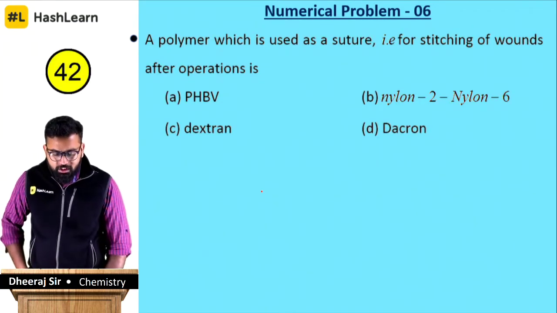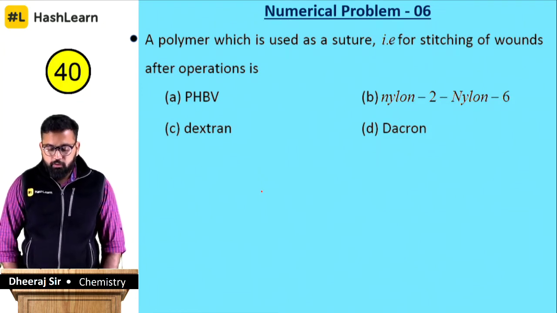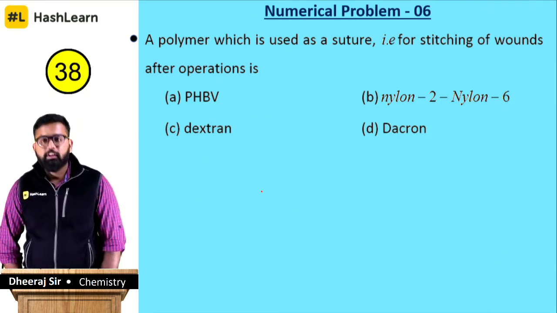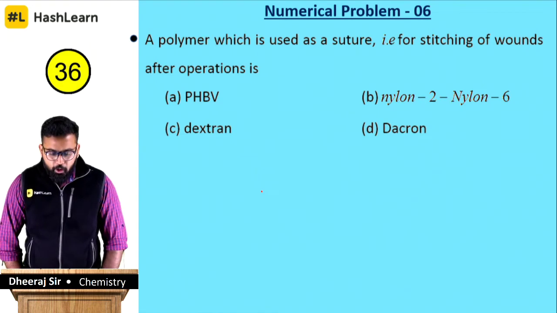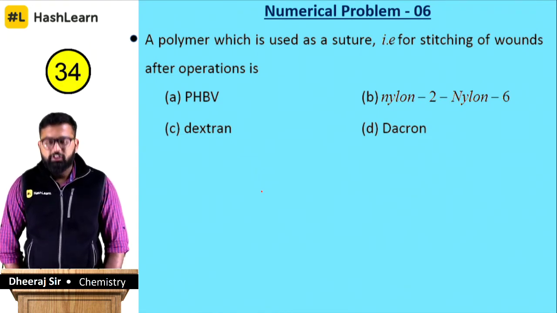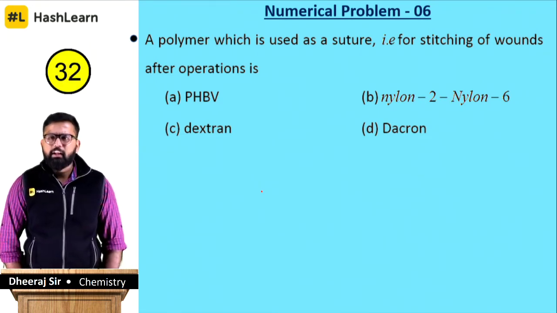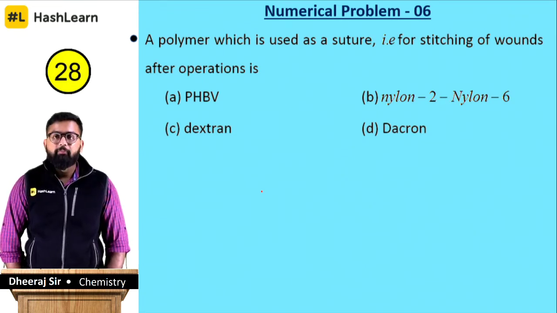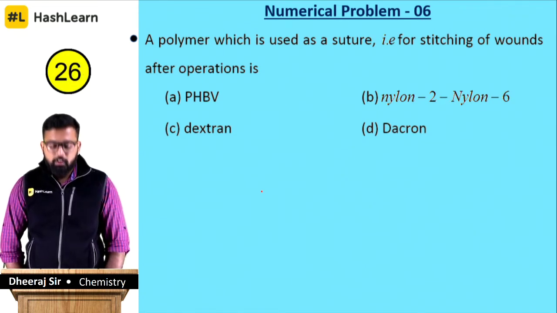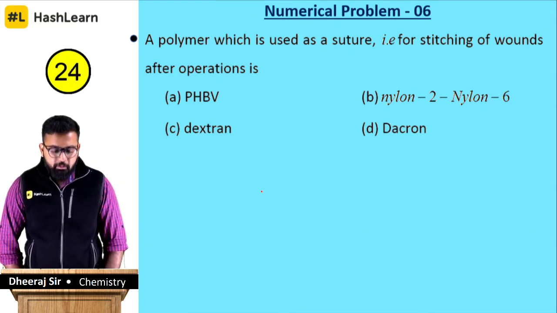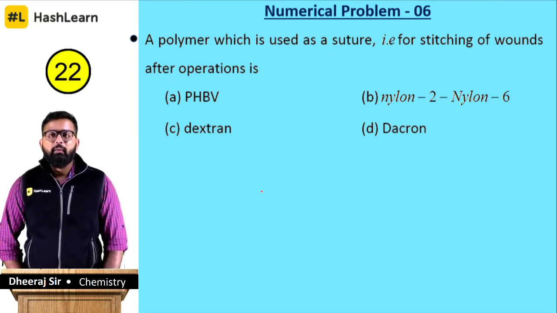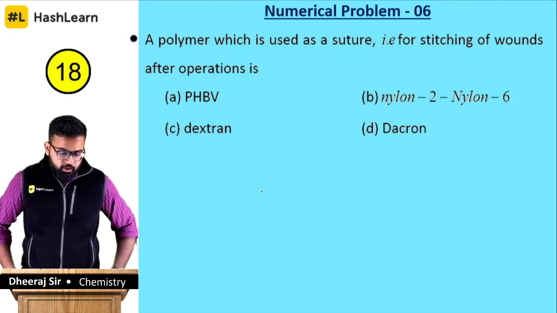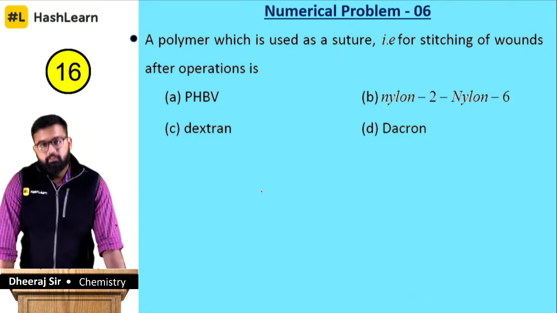A polymer which is used as a suture for stitching of wounds after operation. During operations or cuts, when we stitch human or animal skin, we use a particular polymer as thread. That is called suture. Which polymer can be used for stitching wounds? I'll tell you why it is chosen after you answer.